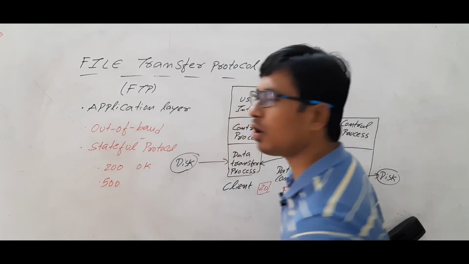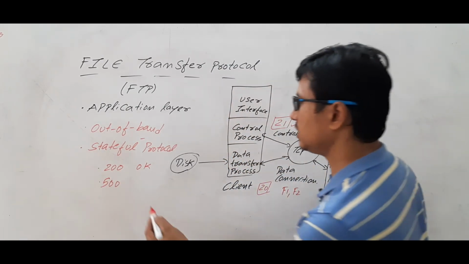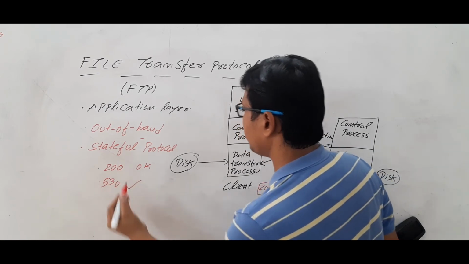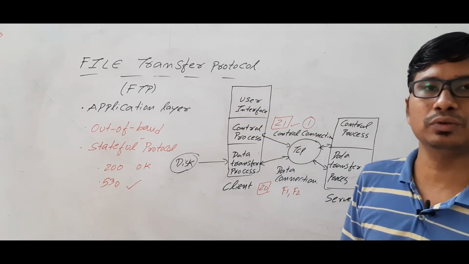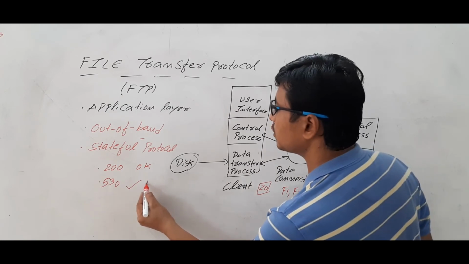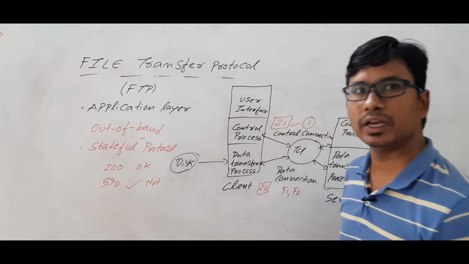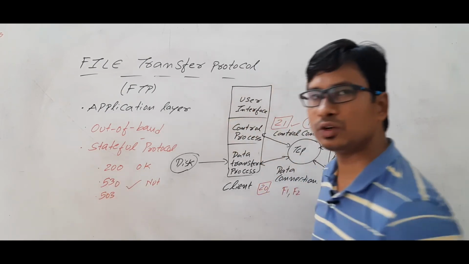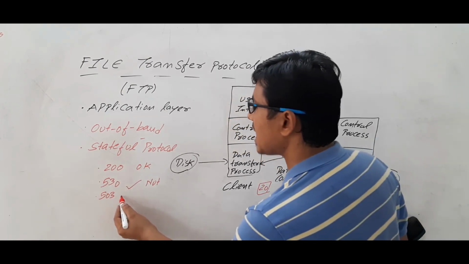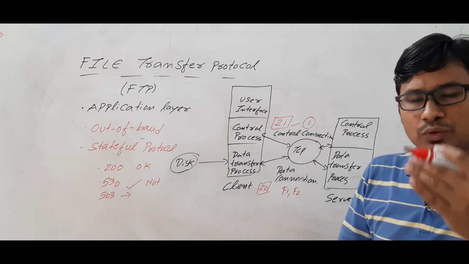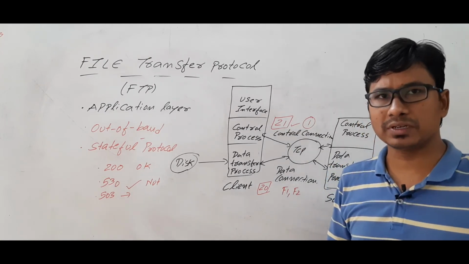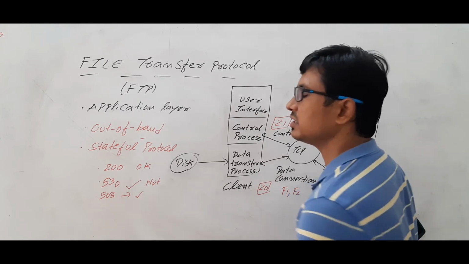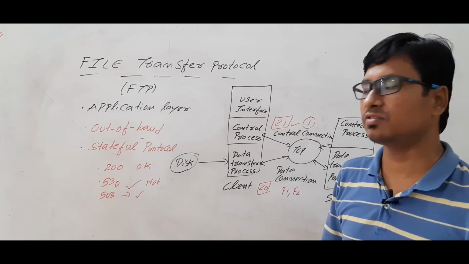If you have not logged in and you try to access, it will give 530, which tells you that you have not logged in, please log in. If it gives a response of 503, the meaning is bad sequence of commands. You have given two commands which are not in a proper sequence, so the server responds with 503.